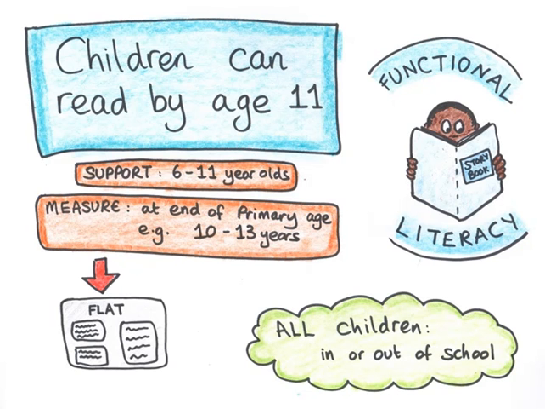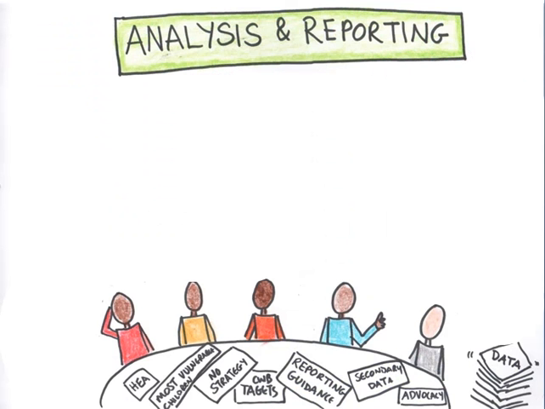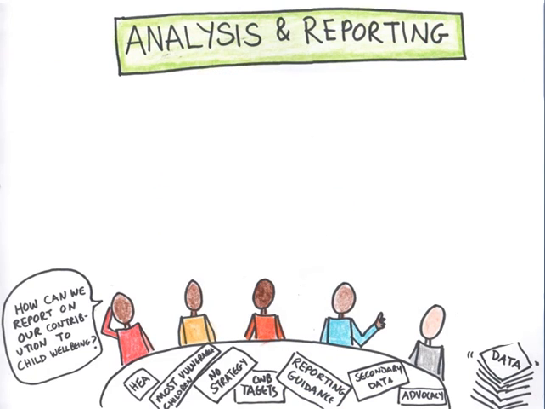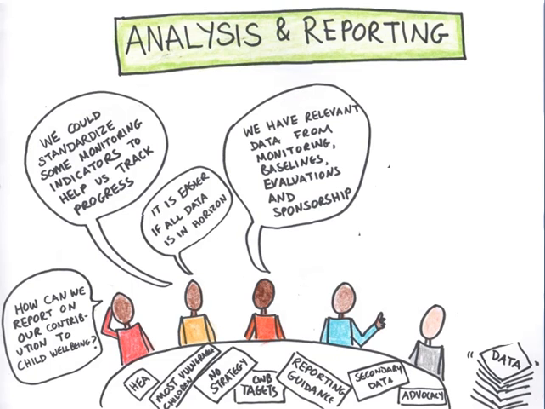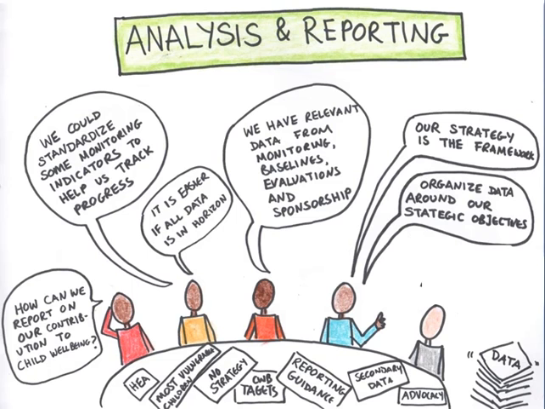Every year, national offices can produce a report on contribution to child well-being, structured around their strategic objectives. Relevant data can be included from monitoring, baselines, evaluations, sponsorship, and any other relevant research, then critically analyzed in the context.